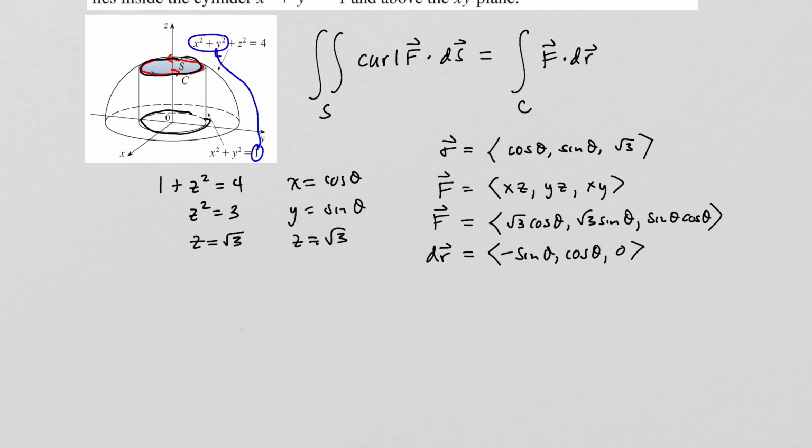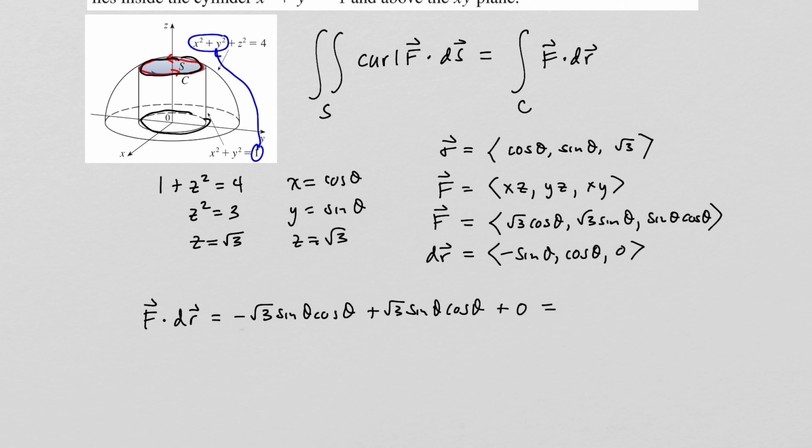And then we just need to do f dot product with dr. And so we're going to take the dot product of these here. So we're going to have negative radical 3 sine theta cosine theta plus radical 3 sine theta cosine theta plus 0.